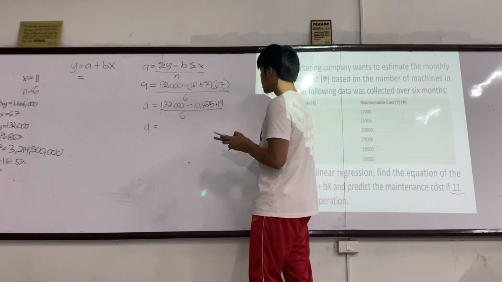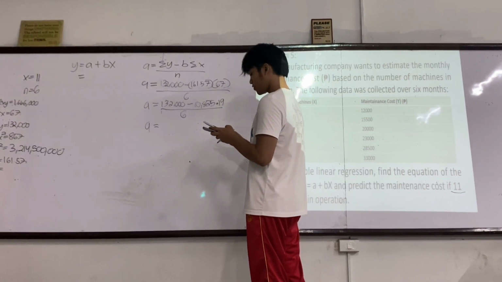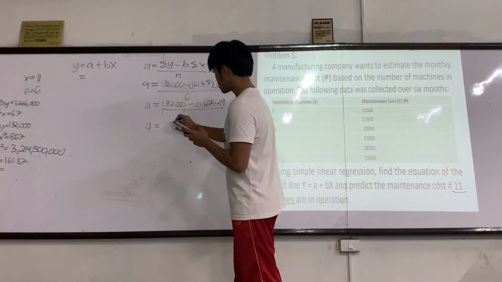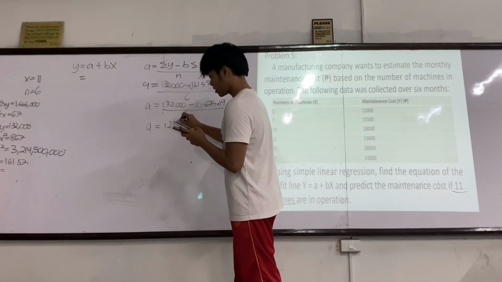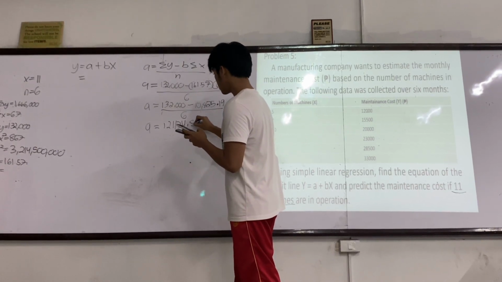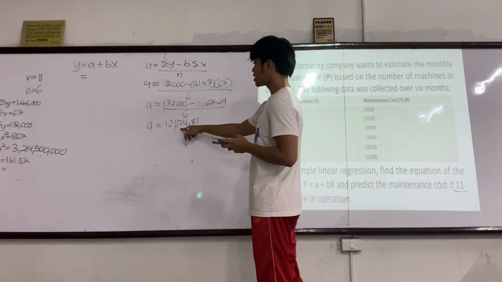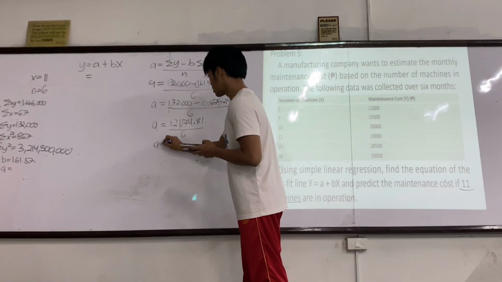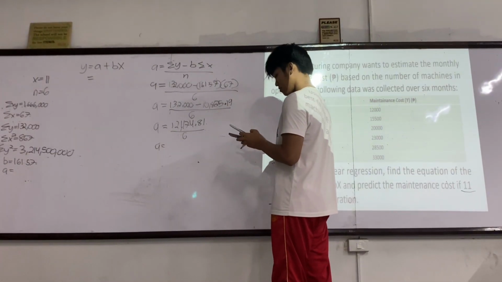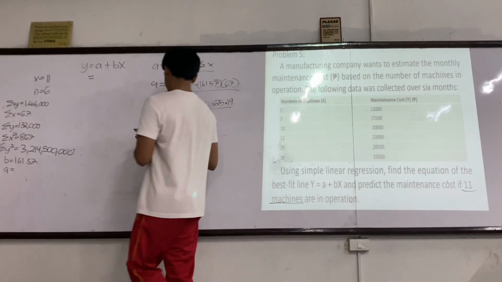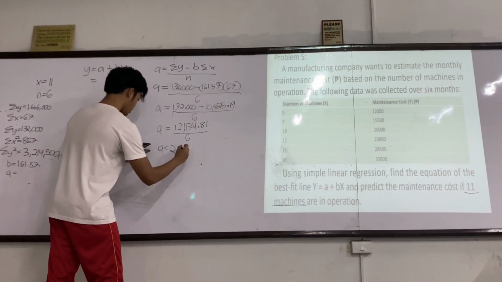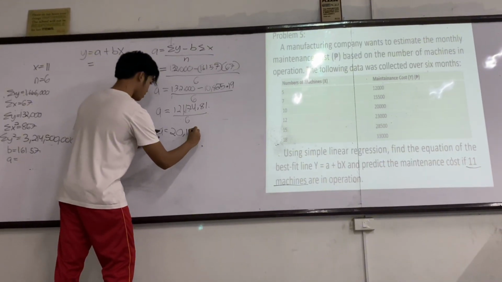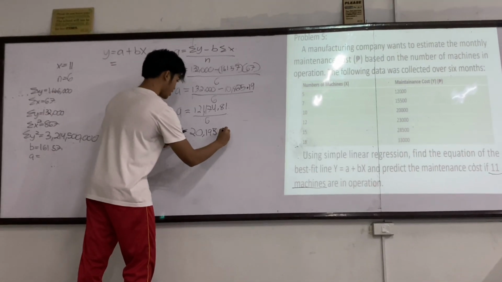So we have 121,174.81, and dividing by 6, the value of A is 20,195.8 per unit.